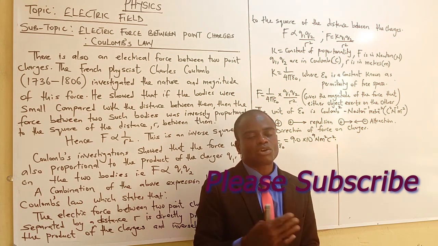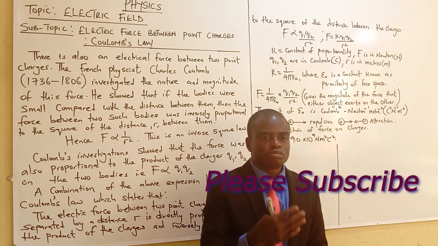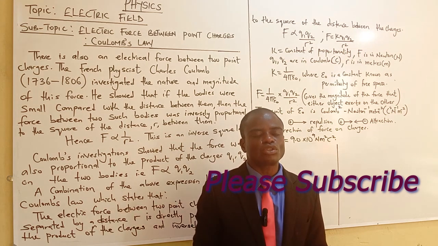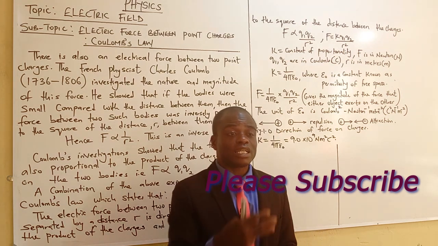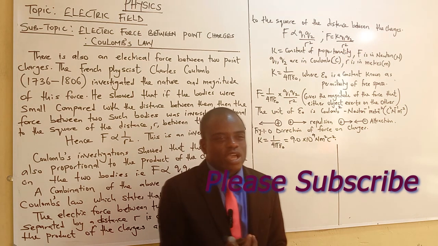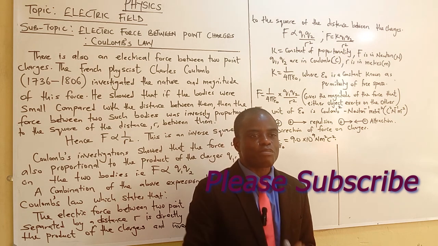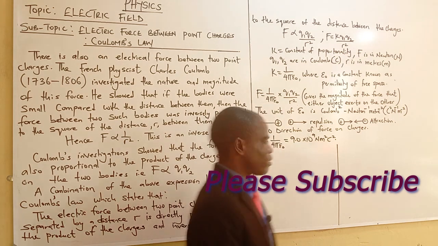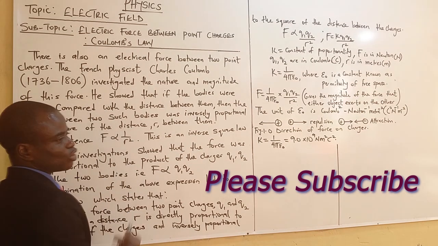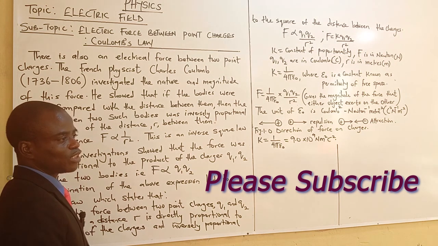But Charles Coulomb, from 1736 to 1806, based his own on the charges, which says that electrical force is directly proportional to the product of the charges and inversely proportional to the square of the distance between them when the charges are small compared to the distance. And it talks about the inverse square law, the way Sir Isaac Newton talked about the inverse square law.